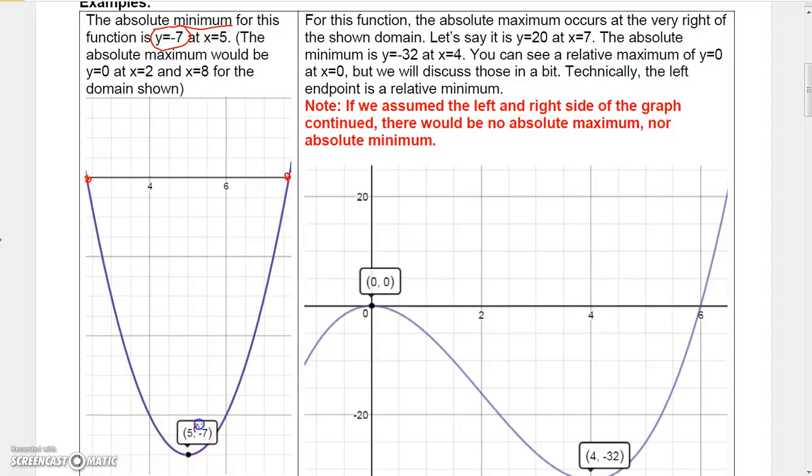So f of 5 is -7, and that's the smallest possible y value over this interval.